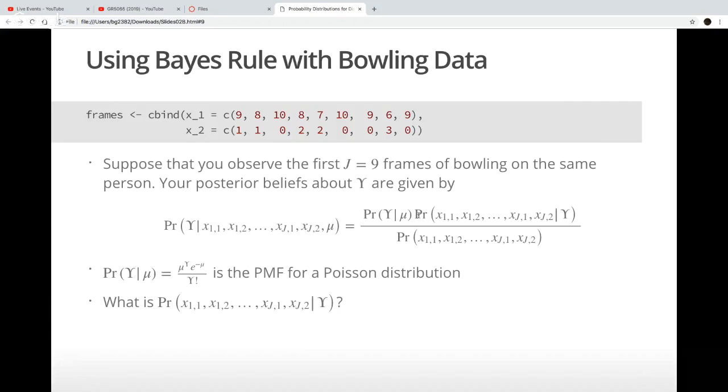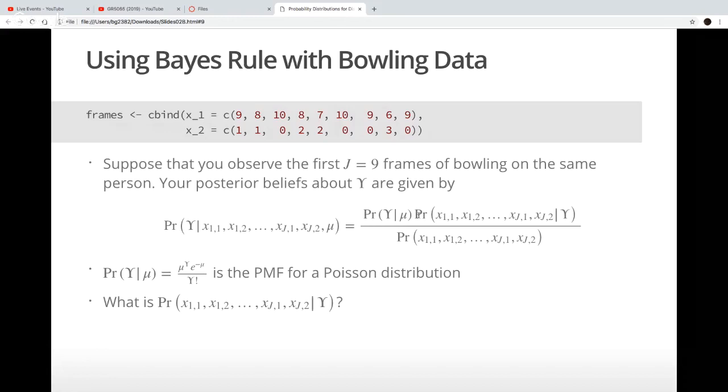So how would we get an expression for the probability of all or almost all 9 frames? Yeah, big J is 9. I didn't do 10 because the 10th frame is weird. So let's just say we got bored after 9 frames and left.